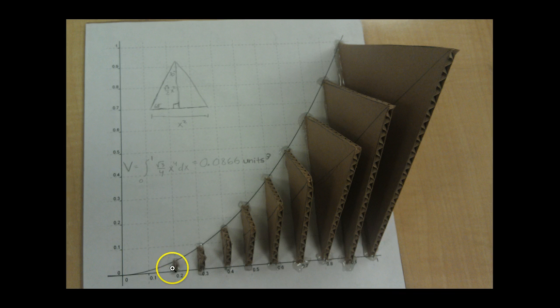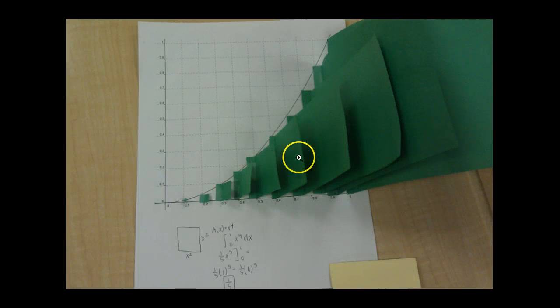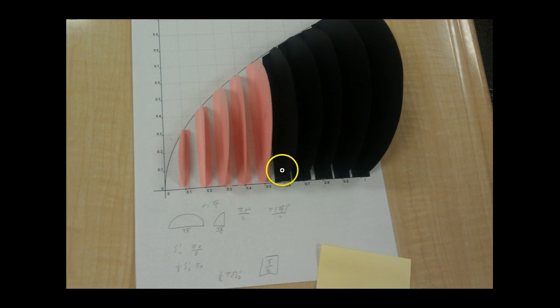And you're going to cut out your shapes of different sizes so that you make sure that they line up correctly with the base region that you've drawn. So here this region has cross sections that are triangles. Just to look at another example, I have the same base region and my cross sections here are squares. And then to look at another example, I have a different base region and these cross sections are semicircles.